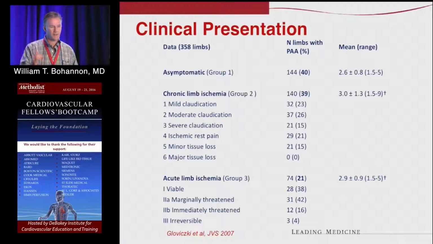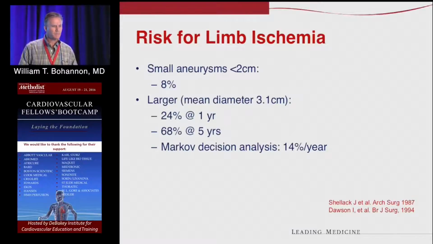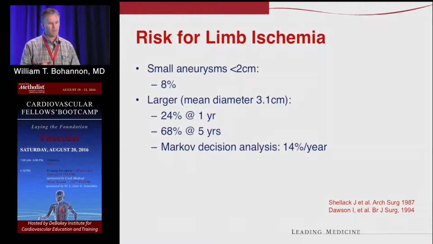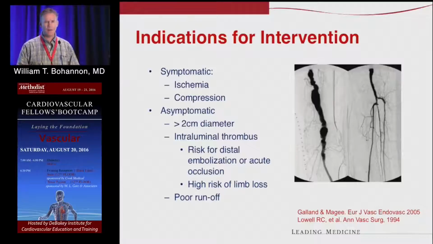And this is just looking at the modes of presentation, again, about 40% asymptomatic, chronic ischemia about 40%, and acute ischemia about 20%. So risk for limb ischemia, very small risk of people who have small aneurysms, less than 2 centimeters. The larger you get, certainly the more risk you have of developing limb ischemia. And then some looks at ones that are larger than 3 centimeters can be up to 14% per year.